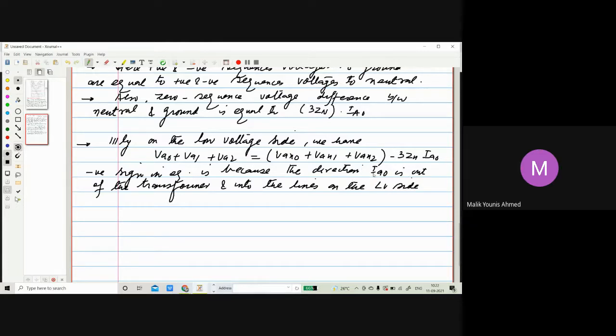So the direction on the high voltage side is different from the low voltage side.